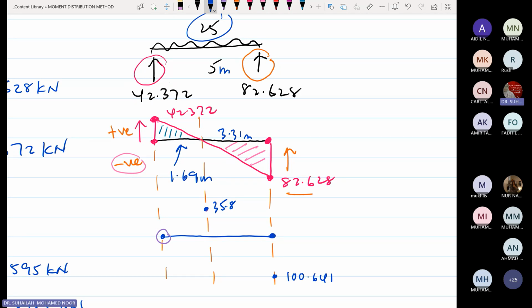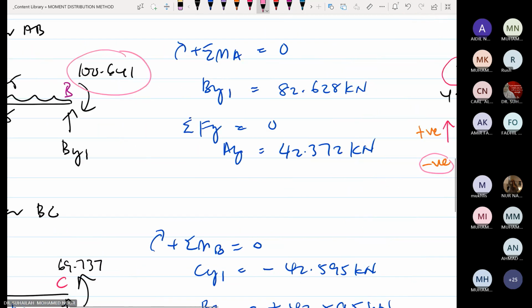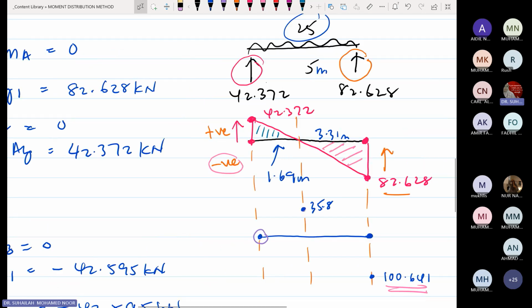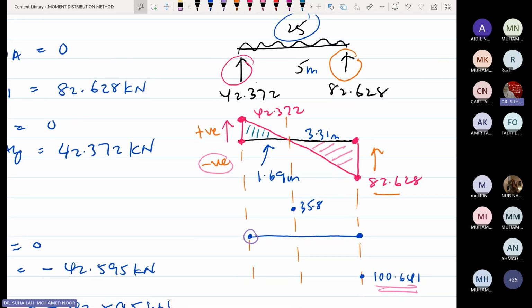Dari mana datang 0 ni? Sebab this value, this value, this value. Okay, plus ni positif kan? Arrow positif, right? 100.641 kan? So tambah dua-dua value ni. So you dapat 0. So this is the end point, the end.